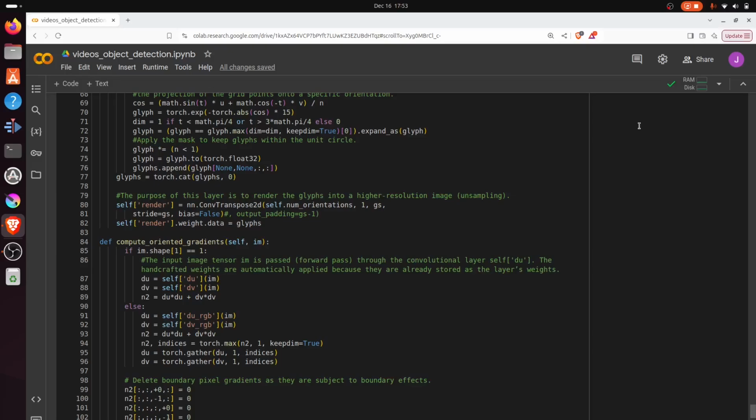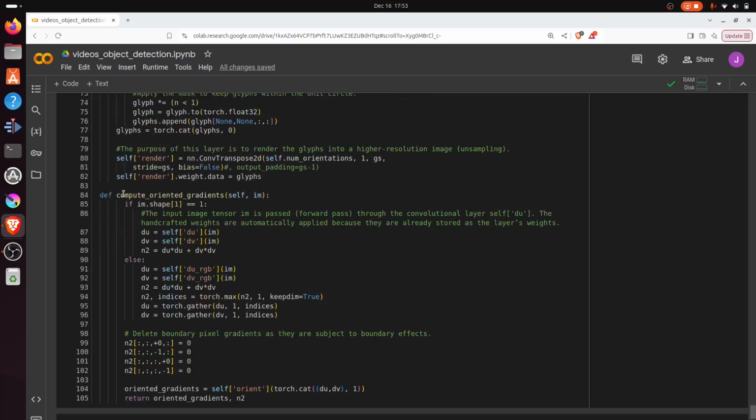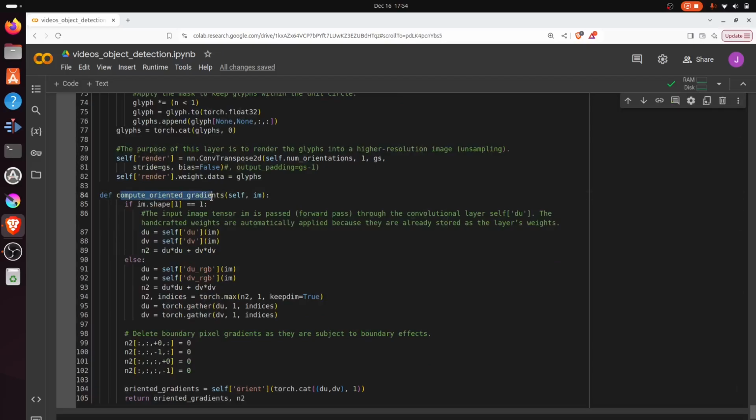In the last video, we defined a method called compute oriented gradients, which took an image that could actually be either grayscale or 3-color channel, RGB. We implemented both options, and regardless of the option we picked, we needed to eliminate the boundary pixels in order to avoid boundary effects.